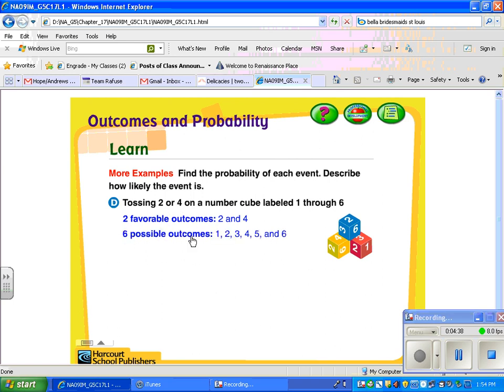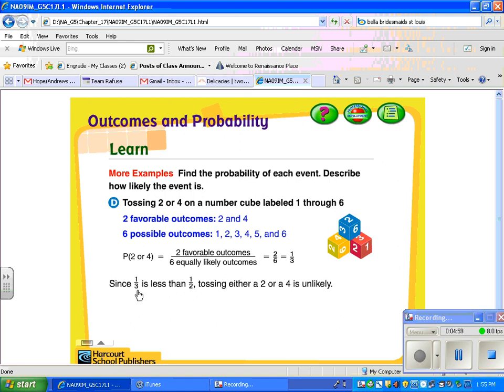I have 6 possible outcomes, the 1, 2, 3, 4, 5, and 6 for each side. So that means my probability of rolling a 2 or a 4 would equal 2 favorable outcomes out of 6 equally likely outcomes, which means my ratio would be 2 over 6, or simplified down to 1 over 3. Since 1/3 is less than 1/2, tossing either a 2 or a 4 is unlikely.